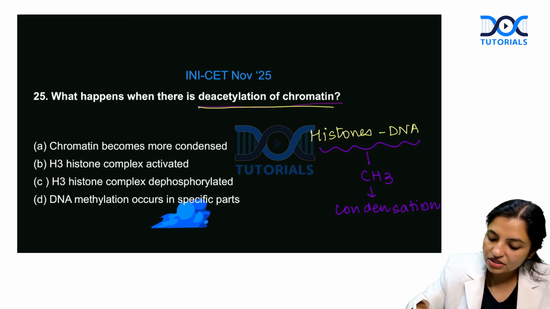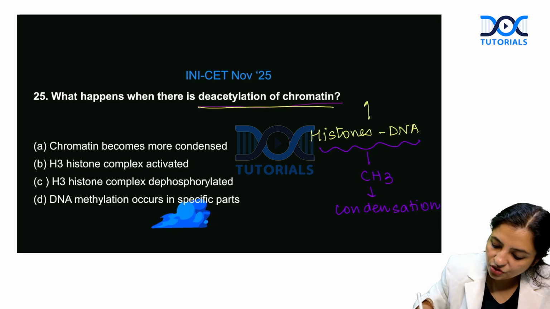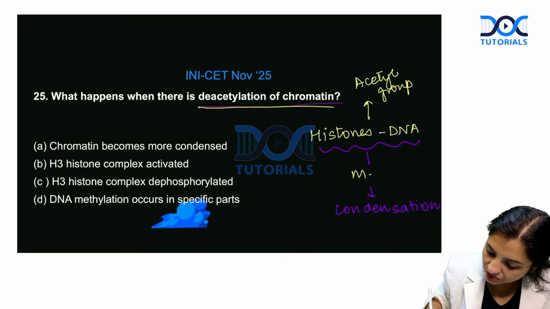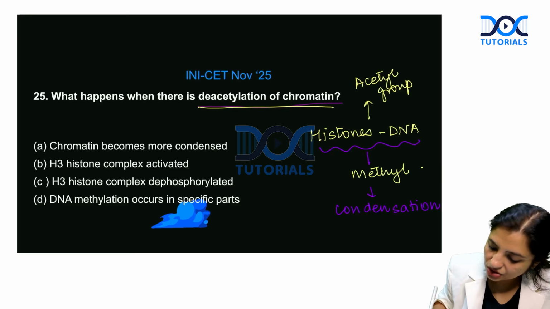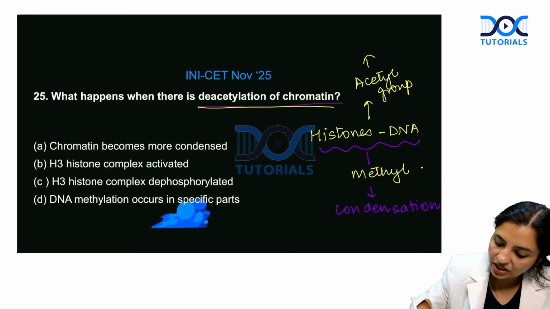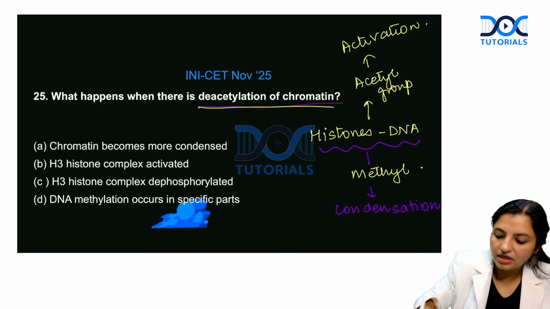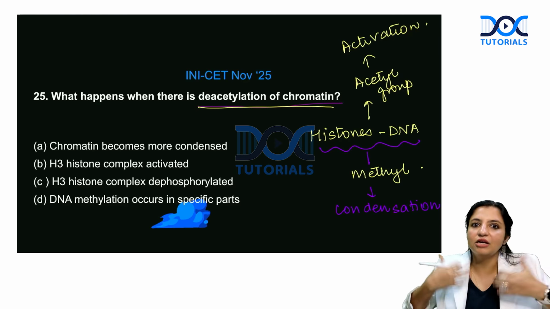Whereas what happens oppositely? If you attach an acetyl group, okay, if I'm attaching a methyl group, it causes condensation. If I'm adding an acetyl group, A for activation, it will open up the chromatin and it will become active.